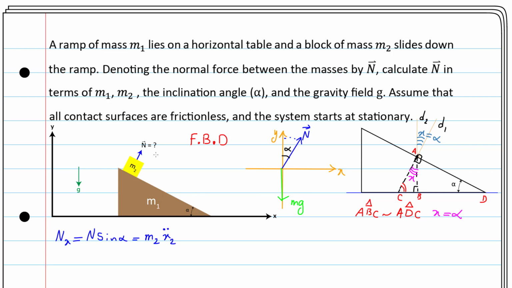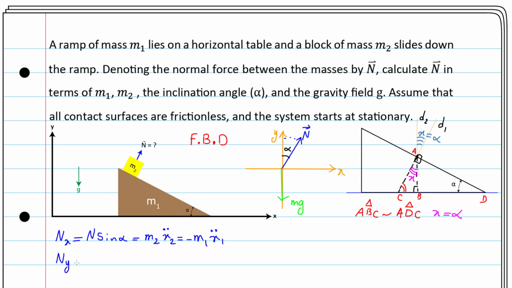And x double dot means the second derivative of x with respect to time. And by Newton's third law, this must be exactly equal to minus m1 x double dot 1, which is just the horizontal acceleration of mass 1.